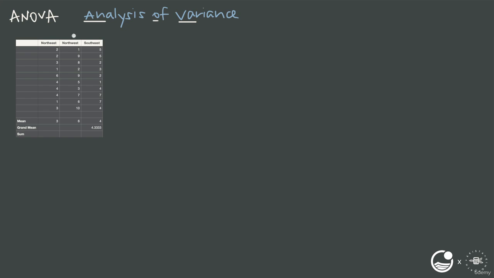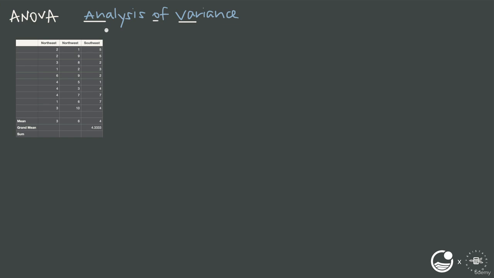There's also variance within the Northwest call center and variance within the Southeast call center. And then, of course, we could have variance between the different call centers, depending on which sample we pick from each center. So what we're trying to do here is analyze how much of the variance is coming from within the sample that we take from a call center versus between the samples that we take from each call center.